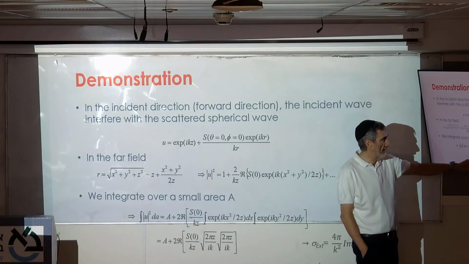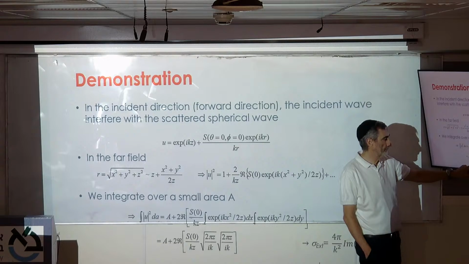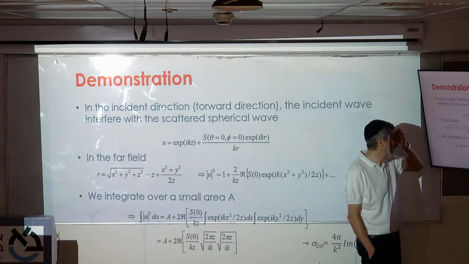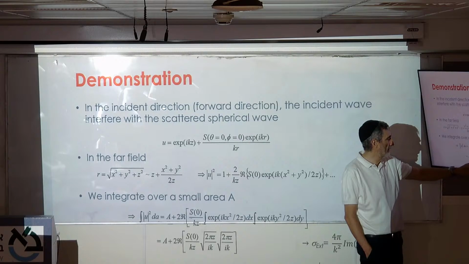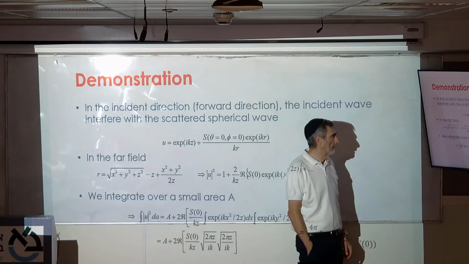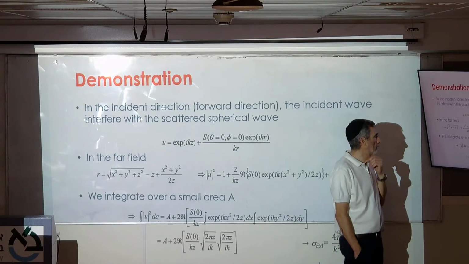What about A? A is a small area, so just neglect it compared to this part here. Or actually, this is the scattered light in the forward direction in some angle of surface A, so you can normalize it.